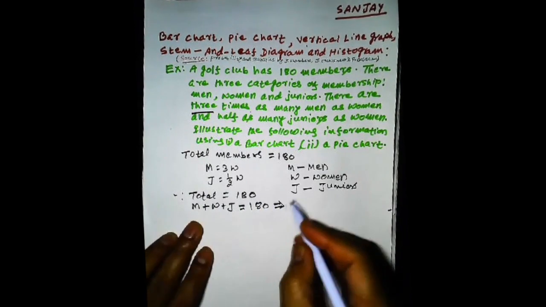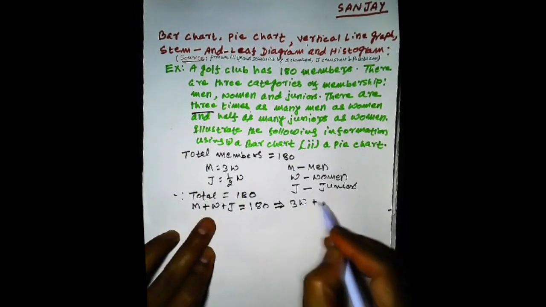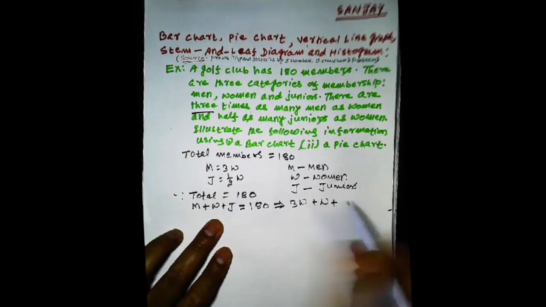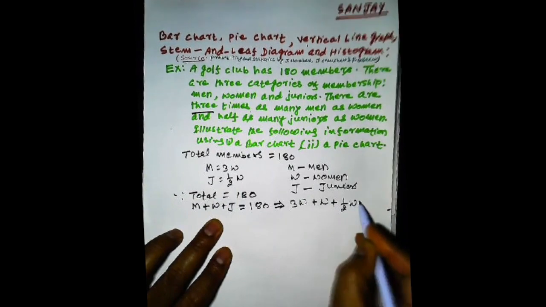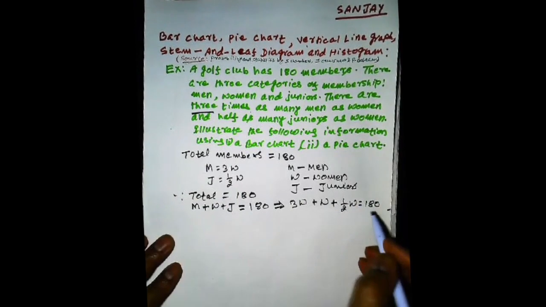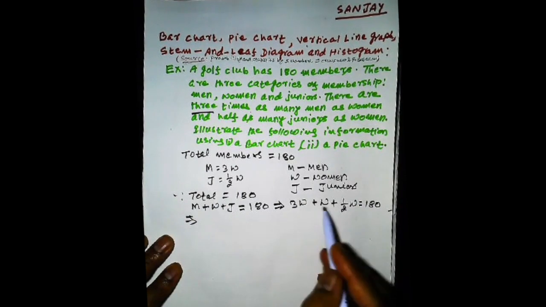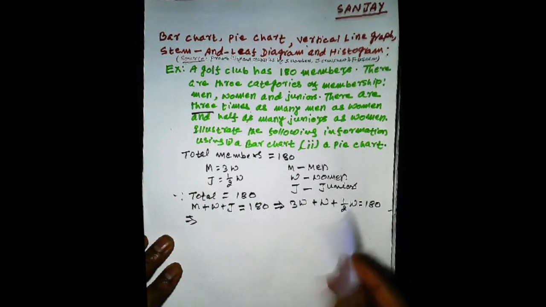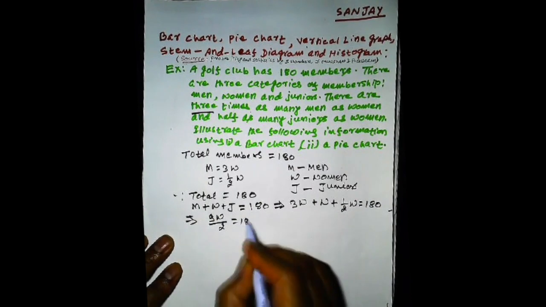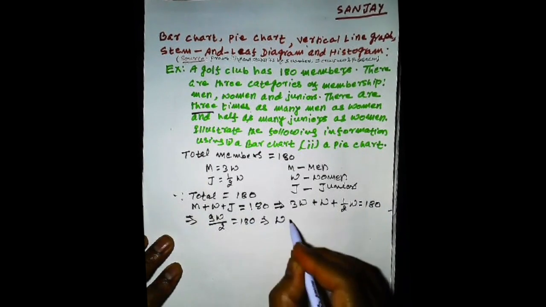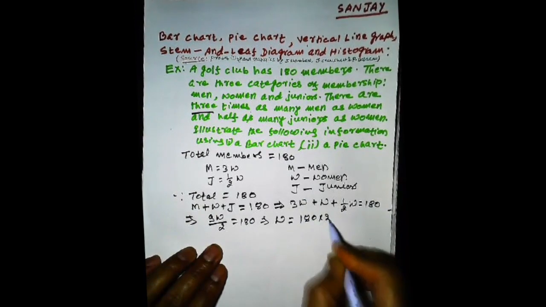And then men equals 3W, plus women, W, and junior, half of W, equals the total. If we move forward, 3W plus 1W is 4W, and 4W plus half W is 9W divided by 2 equals 180, and it gives you W, the number of women, is 180 times 2 divided by 9.